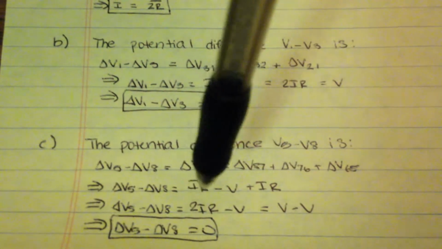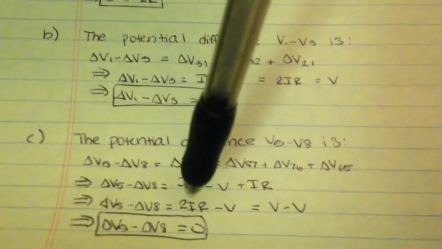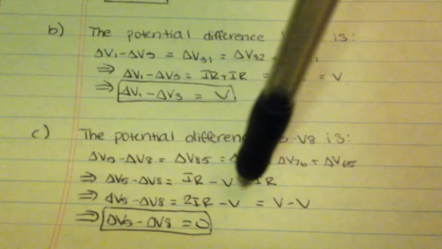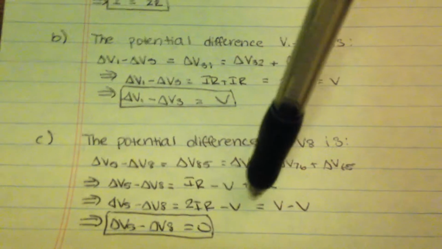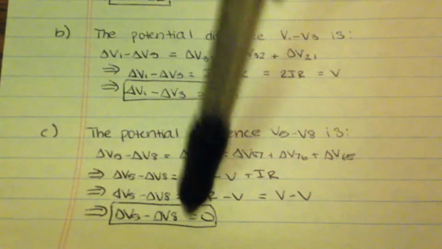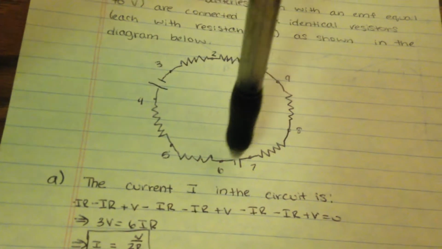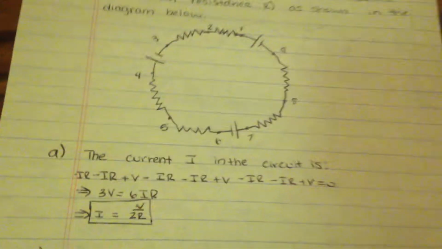But your IR and your V signs are always going to be different. So by the end of it, you're going to have 2IR minus V, and 2IR equals a positive V, so positive V minus positive V equals 0. So 2 resistors over 1 battery gives you a potential difference of 0.